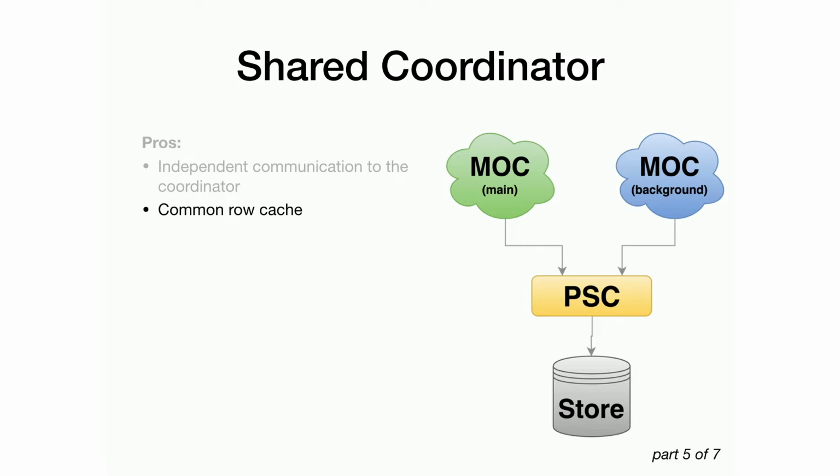That's great. Here we can use the common row cache. Row cache is the caching layer inside the coordinator. So if we use the same data in both contexts, we don't have to make the round trip to the store. We have adjustable merge policies on the coordinator level, and we have flexible merge of the contexts.